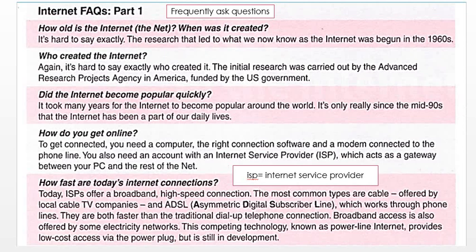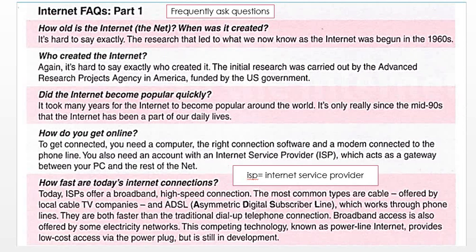Did the internet become popular quickly? It took many years for the internet to become popular around the world. It's only really since the mid-90s that the internet has been a part of our daily life. It means that in the mid-90s it became part of our life. How do you get online?